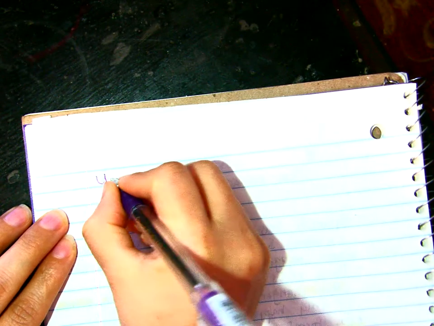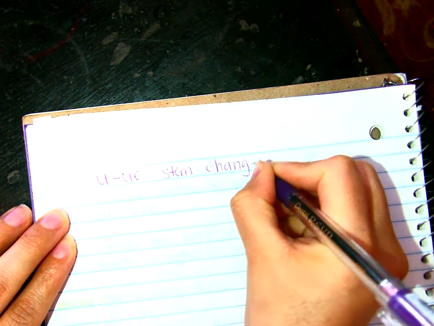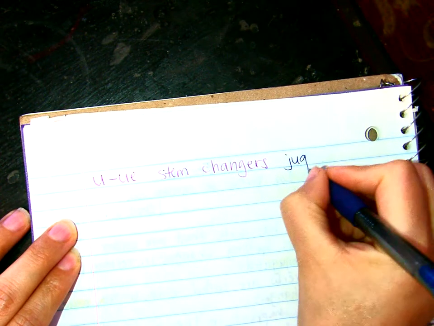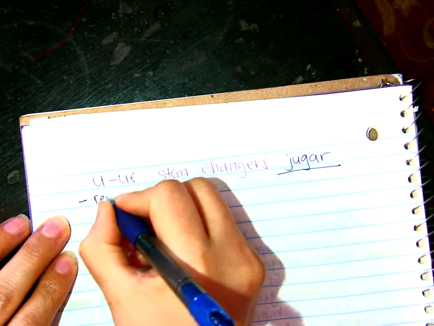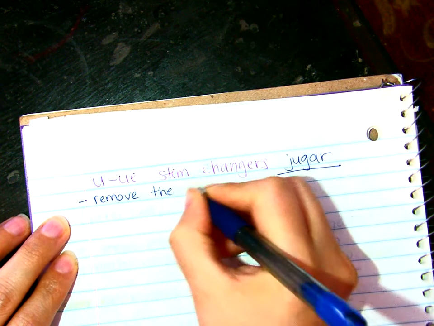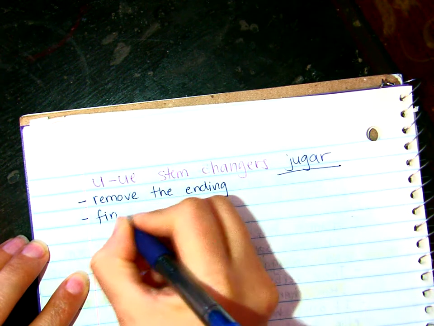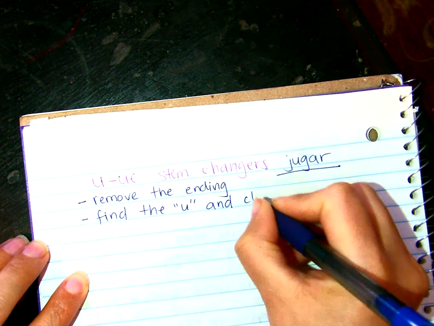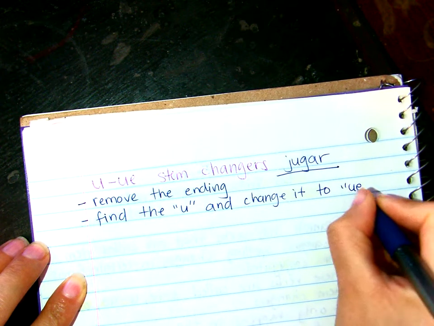Let's go now to the verbs that change a U to a UE, stem changers. Okay? And we have one verb, which is jugar. So what's going to happen? First thing, remove the ending. Second, find the U and change it to UE.